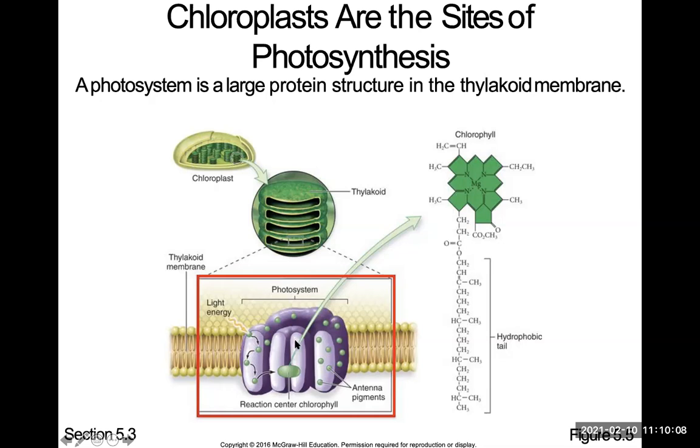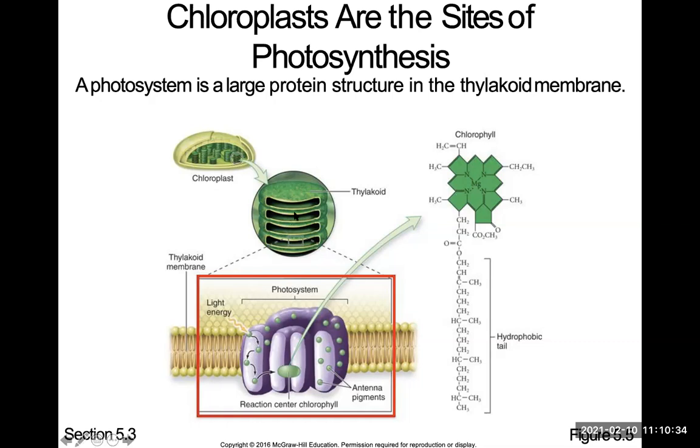We will get there. I'm just trying to go very slowly. You don't need to worry about this chemical structure. This is just to show you how complicated it is. What's found in this photosystem is a chlorophyll molecule. The chlorophyll molecule is what's going to charge the electron using that sunlight.